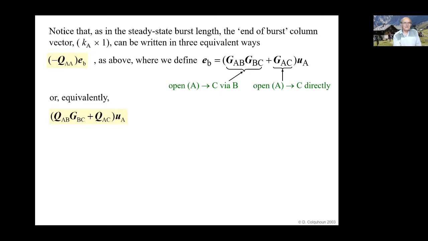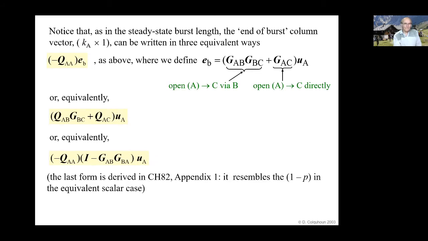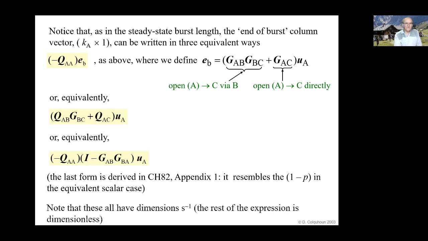Equivalently, we can write it this way, or we can write it that way, which is also to be UC. This last form we can find in the 1982 paper in the appendix. It is directly analogous to the 1 minus p in the equivalent scalar case, as we've already seen.